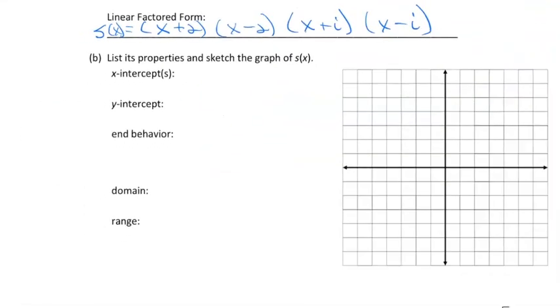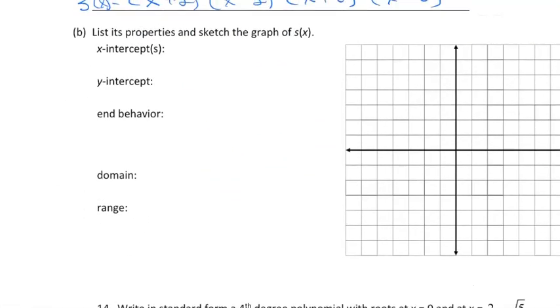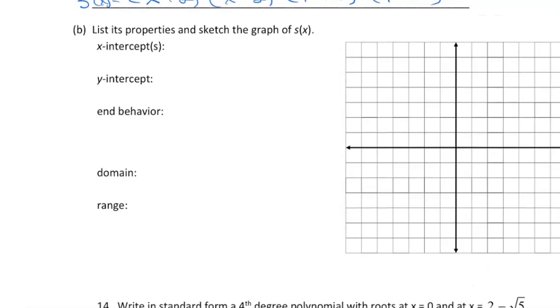Okay, so then I have to list its properties and sketch the graph of what I just figured out. So what am I going to do? I'm going to figure out my x-intercepts, and they are going to be at 2 and negative 2 with a multiplicity of 1. So here's negative 2, here's 2.